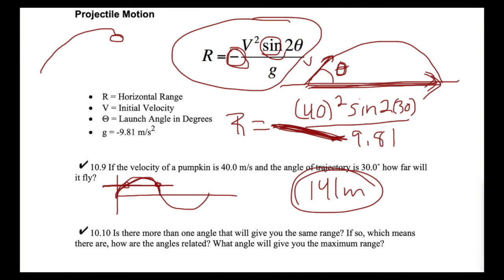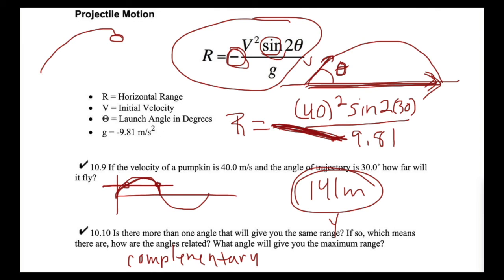The question says, is there more than one angle that will give you the same range? The answer is yes. If so, how are the angles related? The angles are related as they're complementary. I don't know if you remember what complementary means: it means that the angles add up to 90 degrees.